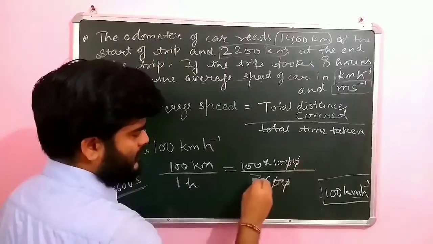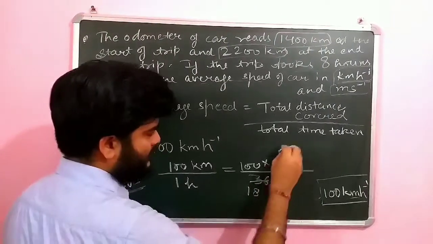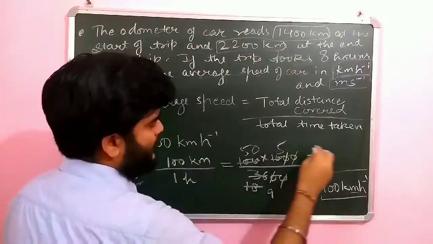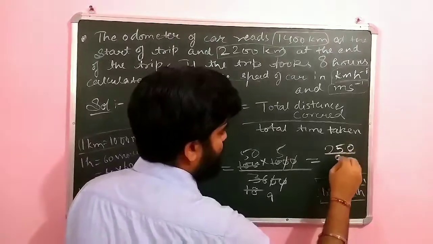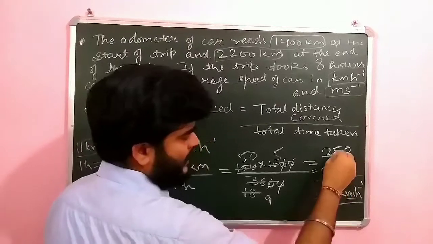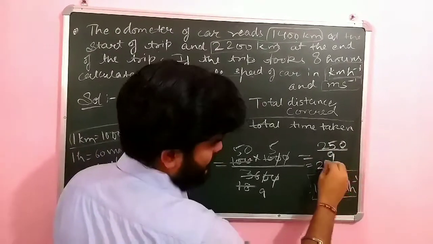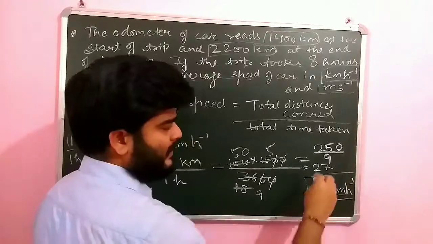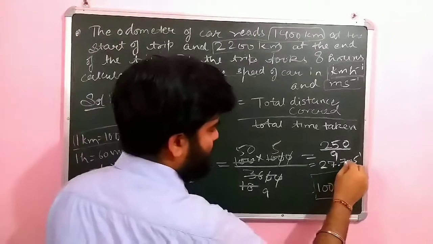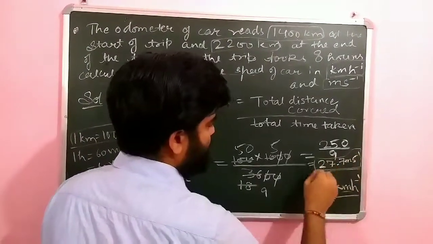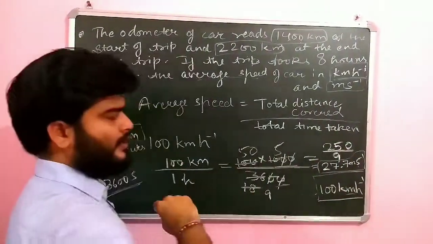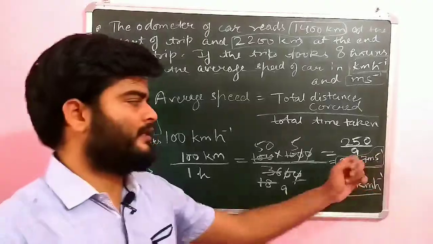Just solve this. It comes out to be 250 upon 9. We can solve it out. So this comes out to be 27.7 meter per second. Now the distance was in meters and time was in seconds, that's why its unit is meter per second.